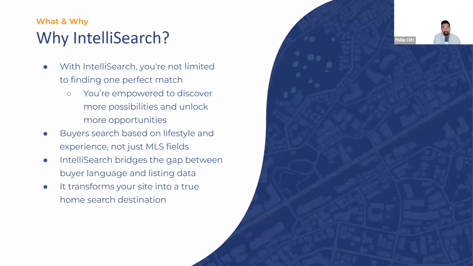We hope that IntelliSearch breaks free from traditional MLS constraints by reimagining property search with SEO at its core. IntelliSearch will allow you to create engaging content pages that showcase exact listings that today's buyers and sellers are really searching for.